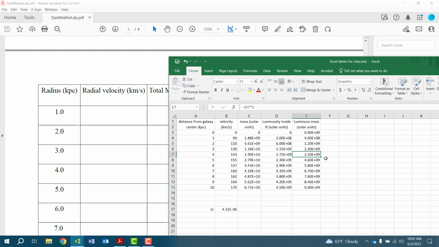And yet, there's actually 1.9 times 10 to the 10th. Now, 10 to the 10th, that's like 10 billion. There's almost, let's say 5 to 10 times as much matter within that radius as matter that we can actually see. So we see this much, but there's actually this much matter, which suggests there's a bunch of matter within that orbit that we don't see.